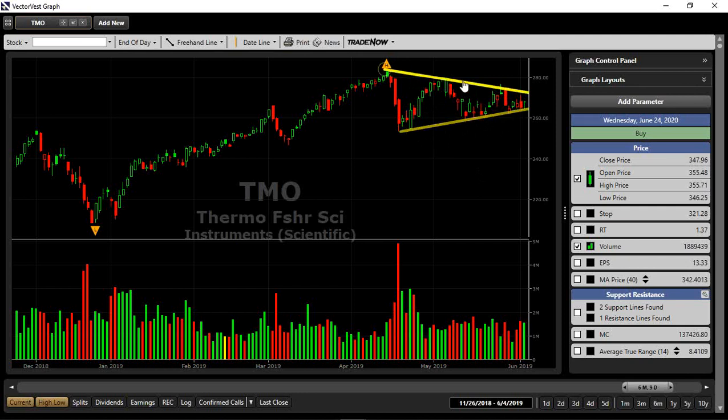What's happening is price is getting squeezed closer and closer to the apex of the triangle. Something has got to give. Since we've been in an uptrend, what we hope to happen is price to break out above the upper trend line.